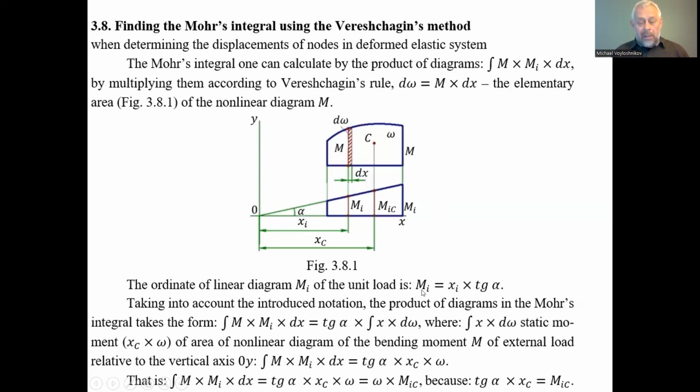We can define that we assign the reference point of the coordinate system in the plane with the point of intersection of this line, one of the inclined sides of the diagram of the bending moments under the action of unit forces, when it intersects the horizontal axis. We coincide at the same place the reference point of the coordinate system.